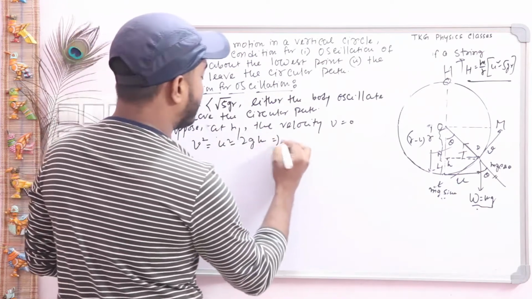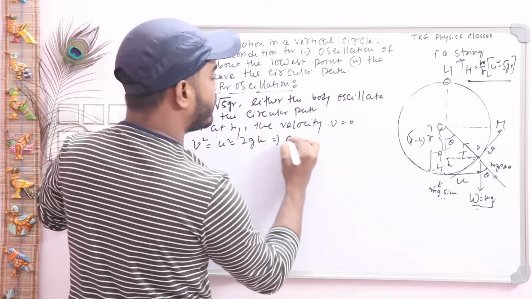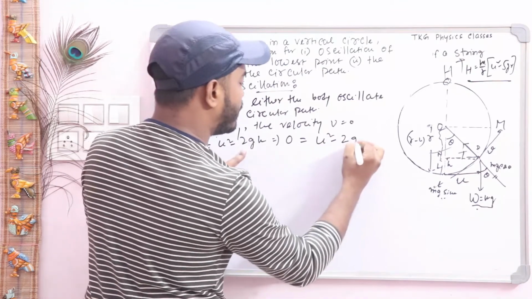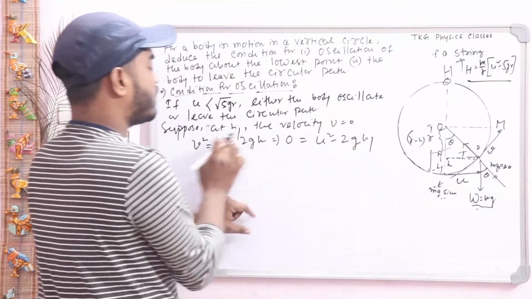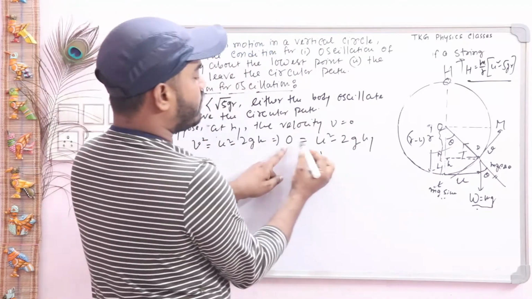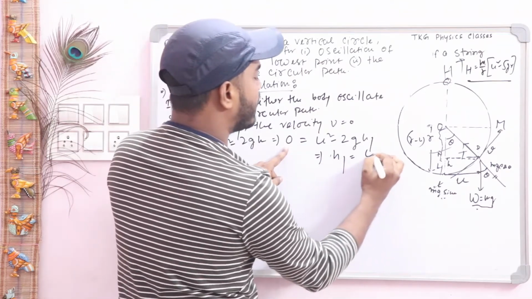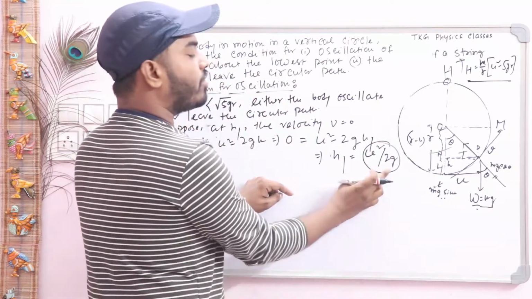So here you write, in the place of v you are considering velocity 0, so 0 is equal to u square minus 2g, and in the place of h you are considering h1. So from here you can write this value: 0 is equal to u square minus 2gh1. So what is the value of h1? That is u square divided by 2g. This is the value of h1.